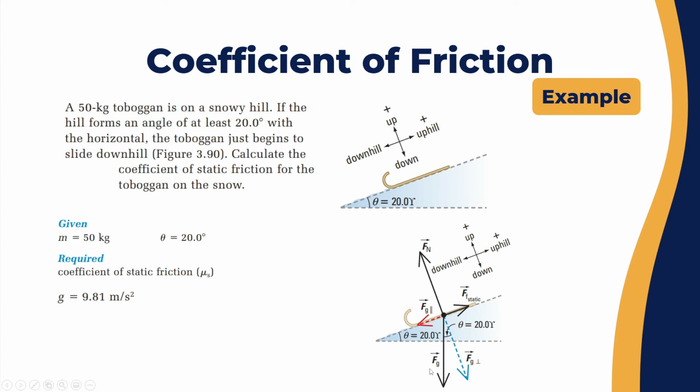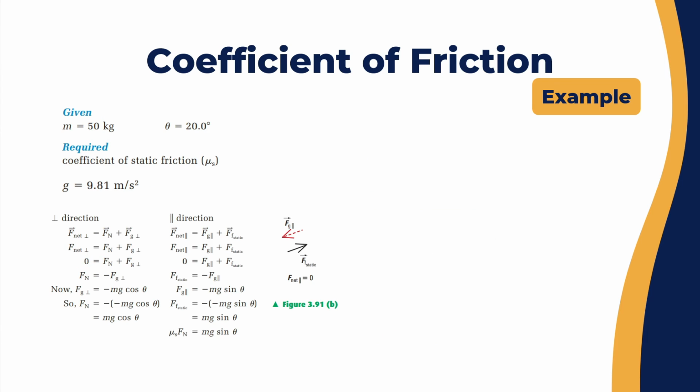So you can use it to split the gravitational force into components on the parallel and perpendicular axes to be able to find the gravitational force values. We're given mass equals 50 kilograms, theta equals 20 degrees. We need to find mu s, the static mu. We're given the gravitational acceleration of 9.81 meters per second squared.